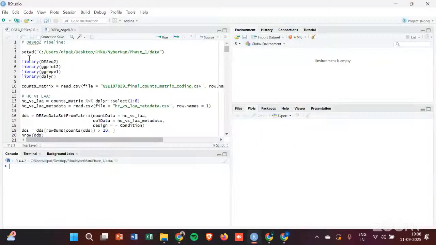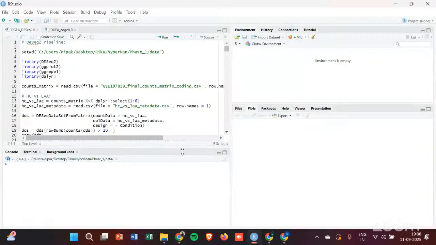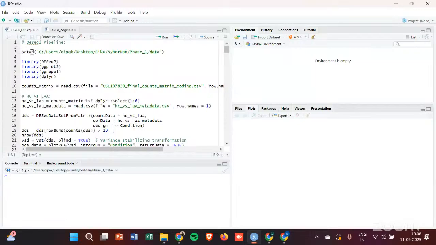Okay, so everybody go ahead and in RStudio, open the DGEA DESeq2.r and make sure the two files, your counts matrix coding.csv as well as your HC versus LA metadata.csv, are in the folder that you are putting inside setwd. If you have the same folder structure as me, you don't have to worry.